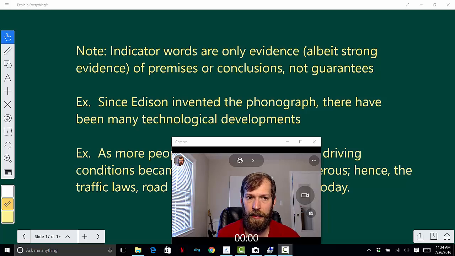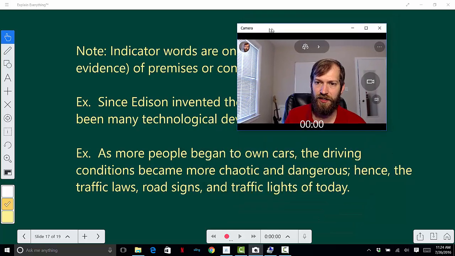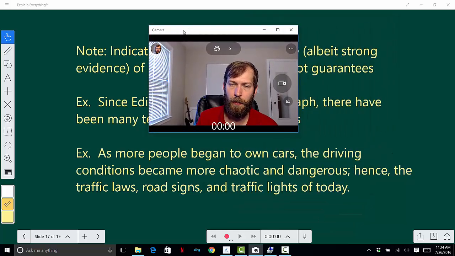Rather, the strong reading of the sentence is that it's taking the word since in a temporal meaning. So it says, after Edison invented the phonograph, there have been many technological developments. So in that temporal sense, we lose that logical meaning of the word since that we've been looking at when it's rightfully a premise indicator.